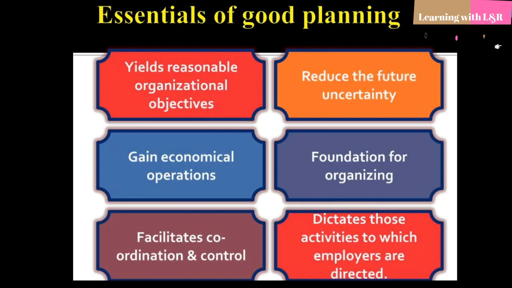Then gain economical operations. After that, foundation for organizing. Then facilitates coordination and control, dictates those activities to which employees are directed. All kinds of matters, all kinds of objectives should be informed to the employees.